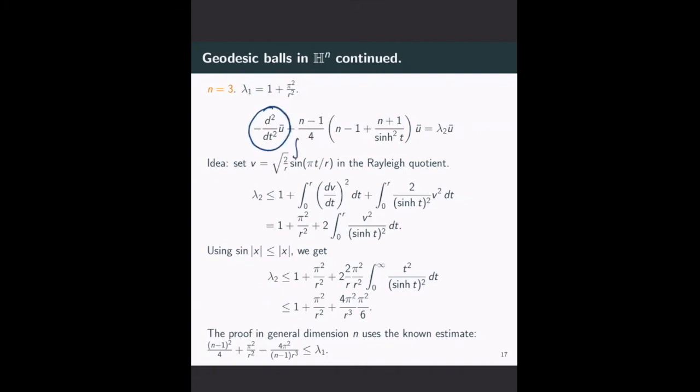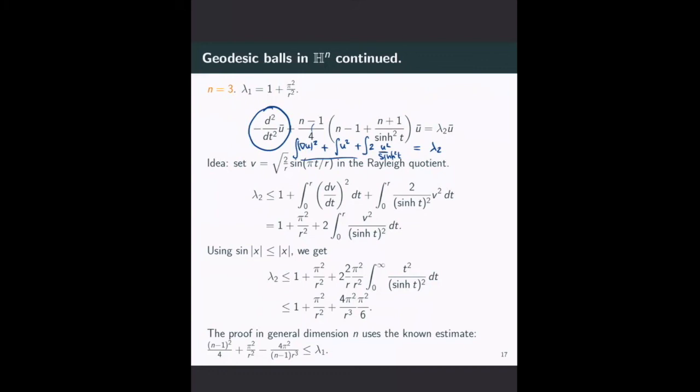So it's just the integral of gradient u squared plus, when n equals 3, this is just 1, so plus u squared. And here is just 1 half times 4, so that's 2. And it's just u square over sinh square t, and you divide by the norm of u square. So lambda 2 is the infimum of that.